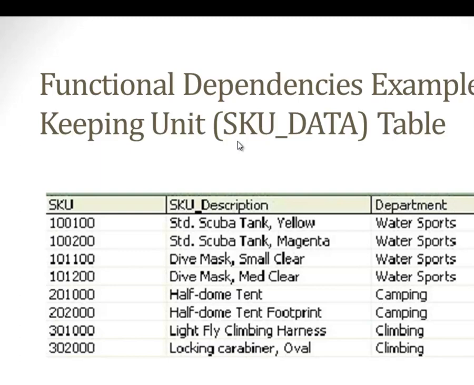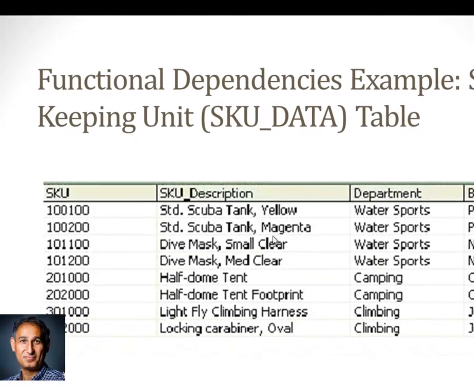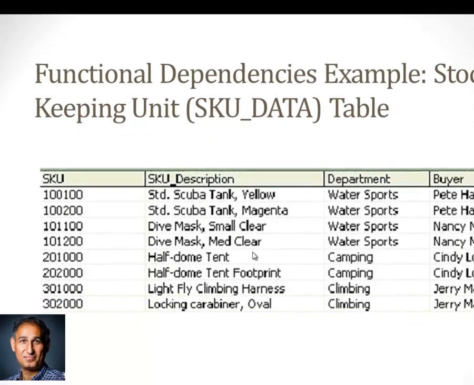We need to identify the determinant in this table, then write the functional dependencies. So we look at the table and we search for which attribute could determine the other attributes. And based on that, we can identify the determinant, then create the different functional dependencies.